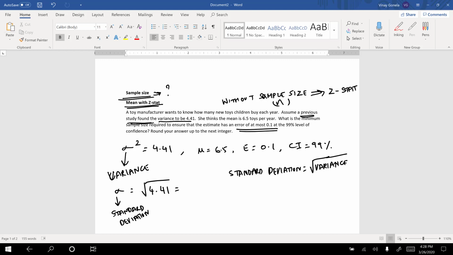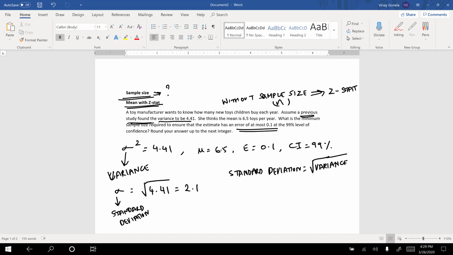So the square root of 4.41 would be 2.1. So that is our standard deviation.